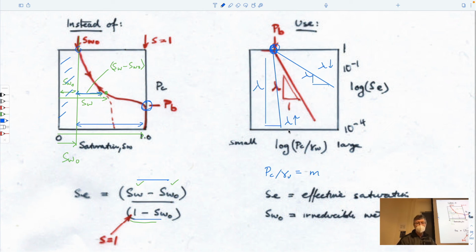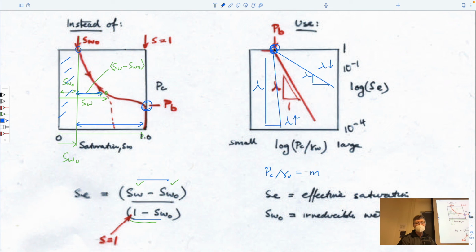For a large value of lambda, that means as soon as we invade it at this particular pressure, all of the pore space is going to essentially fill up. So if the value of this is large, it means all the pore sizes are the same size. You get it in through one pore space, it just invades the whole thing.